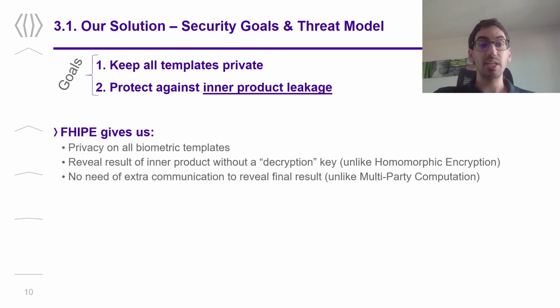In fact, FHIPE already gives us privacy on the biometric templates. It does reveal the result of the inner product without the use of a decryption key. That would be unlike the case of homomorphic encryption, where you need key management for this decryption key. And besides, it doesn't need extra communication to reveal the final result, unlike the multi-party computation equivalent.